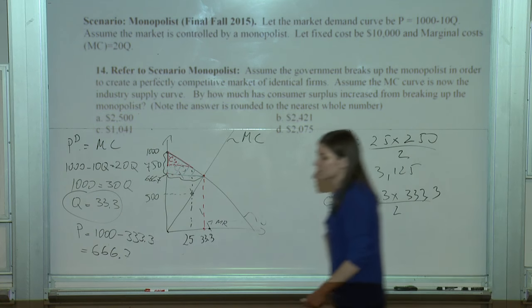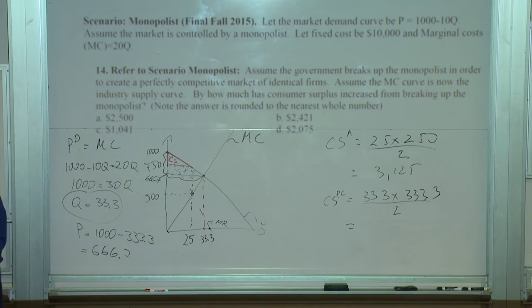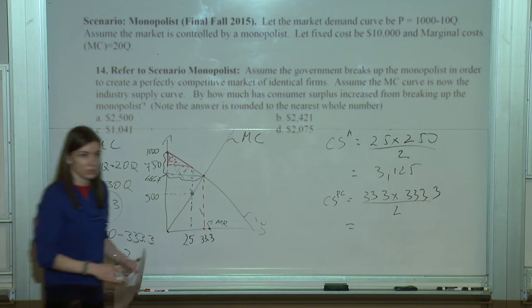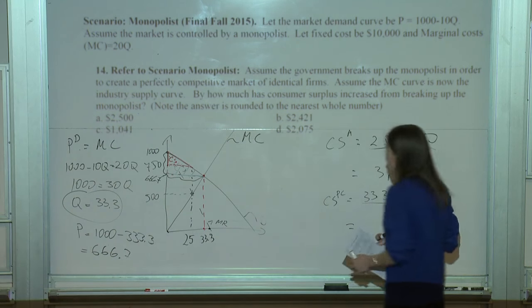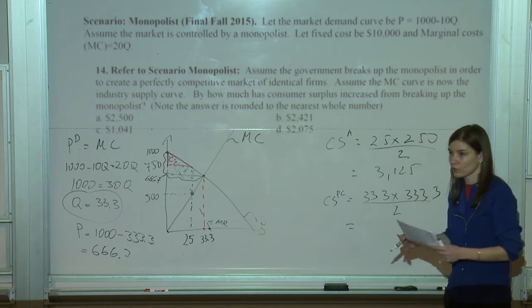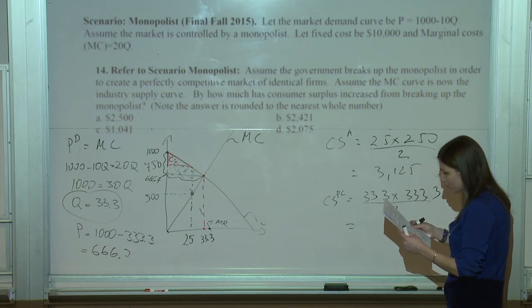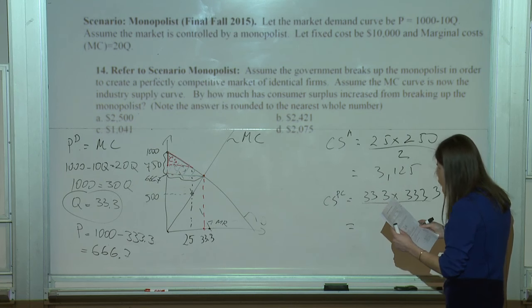That's not exact. It depends on how much you round, and you're going to get a bit of a different answer. But you'll be able to figure out what's the closest, because the answers are far enough away from each other that you can figure out the approximate rounding here.